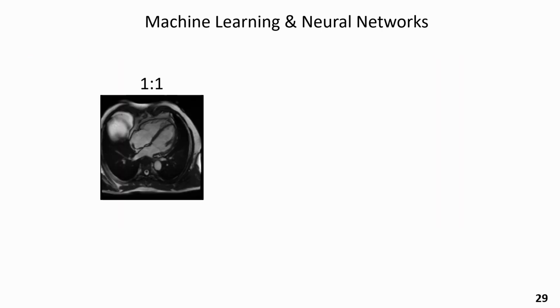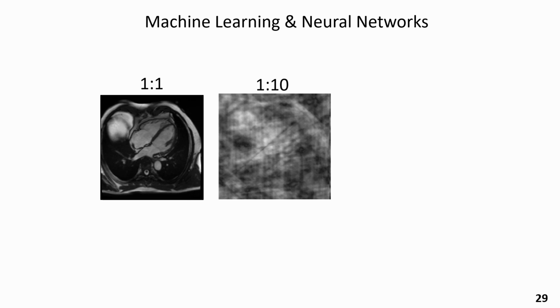Why should we do this, you might ask? Why should we bother to train a neural network instead of the Fourier transform for this task? To the left you see an image that is reconstructed with the Fourier transform from K-space. In the middle you see how the image would look if the data acquisition was accelerated by a factor of 10 and the Fourier transform performed the reconstruction.